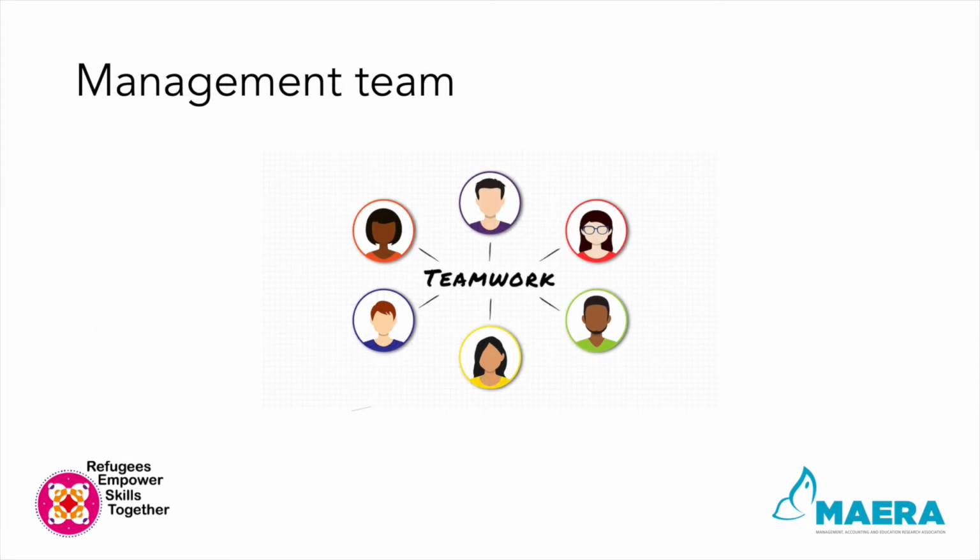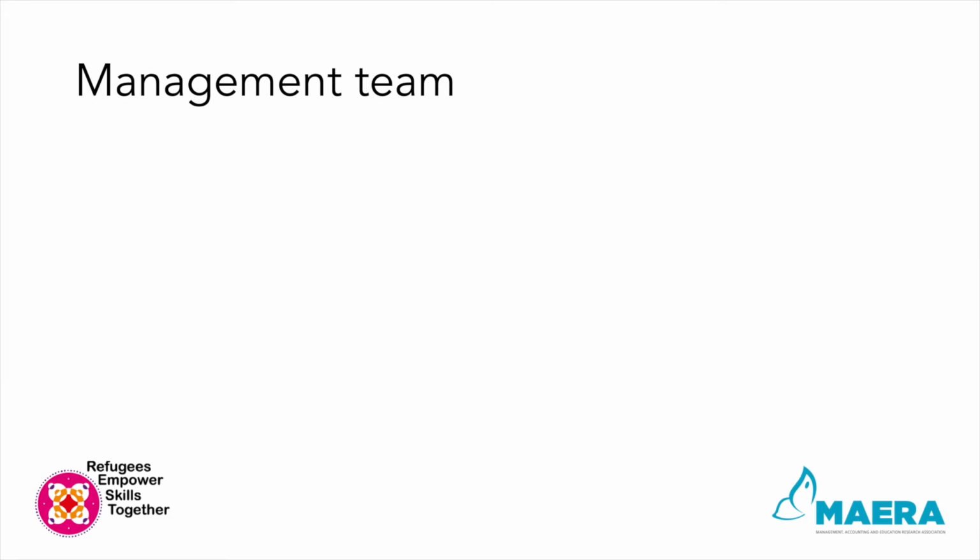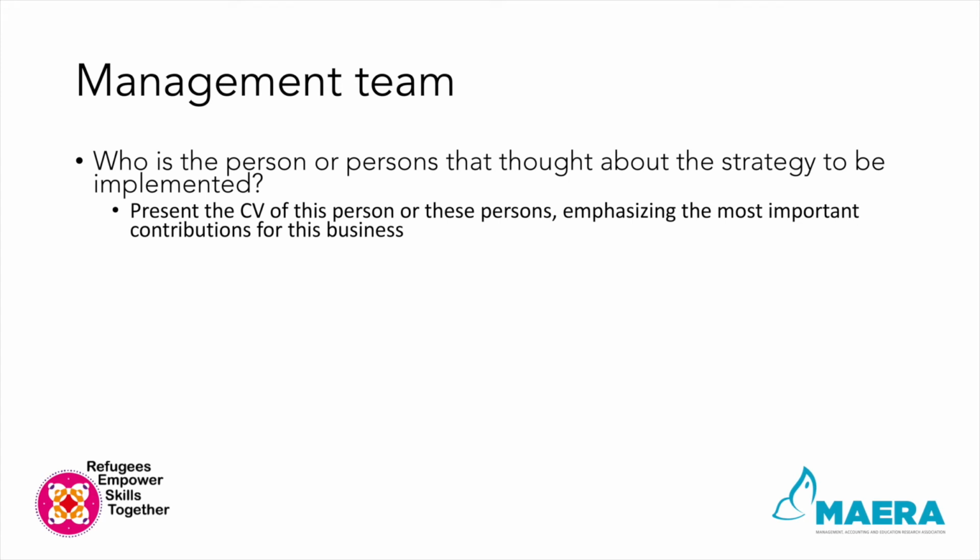Now, let's talk about the management team. We need to show who is the person or persons that thought about the strategy. For that, it is important to present the CV of this person or these persons, emphasizing the most important contributions for this business.